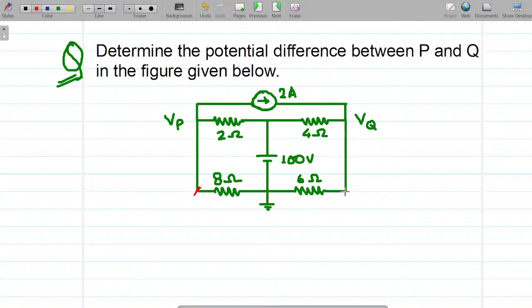If you travel from this to this, yes, it is a node. There is no doubt it is a node, because you encounter some element. Whenever there is an element, there is supposed to be a change in potential, and hence this would become a node. But have we not defined it? We did define it. What is it? It is VQ, because it is short circuited. It is at the same potential.